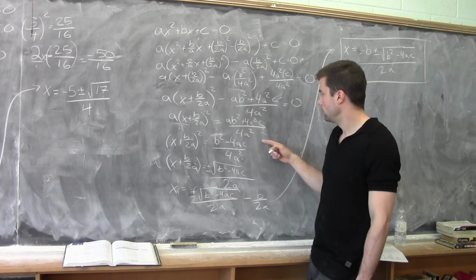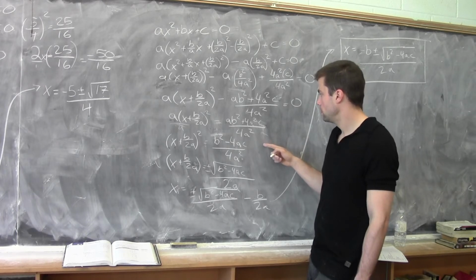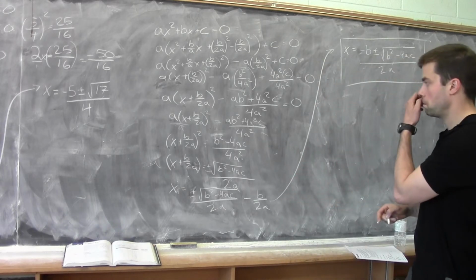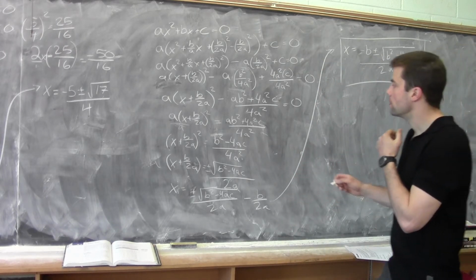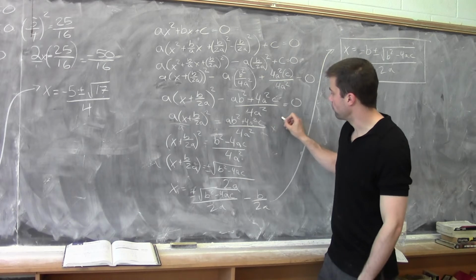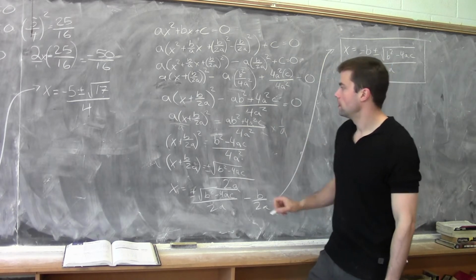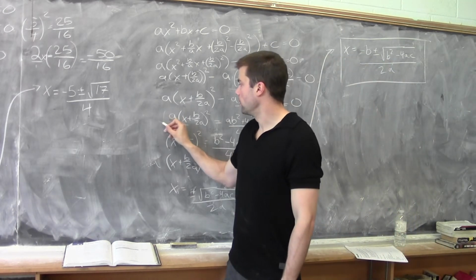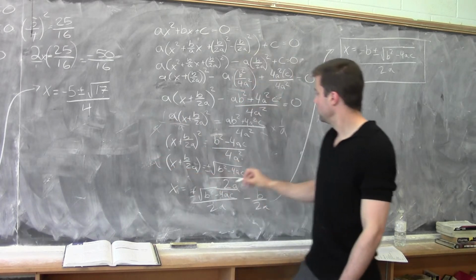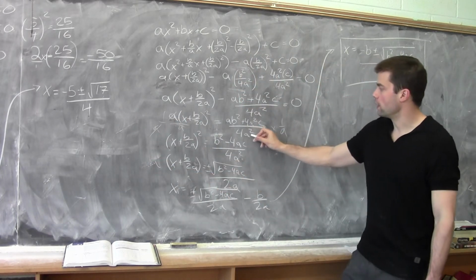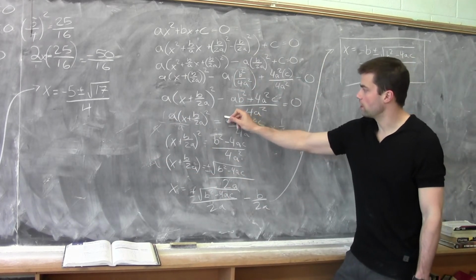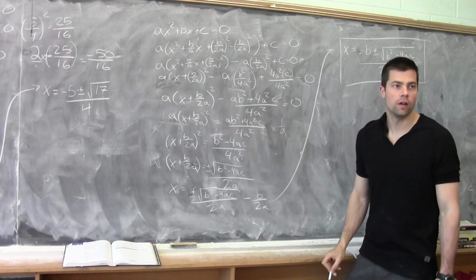To divide, you have to do the reciprocal. No, so it's like multiplying this by 1 over a, and multiplying this by 1 over a. So the a's cancel here. And then this would become 4a cubed, but because there's an a common here, it comes out of the numerator. Oh. Okay?